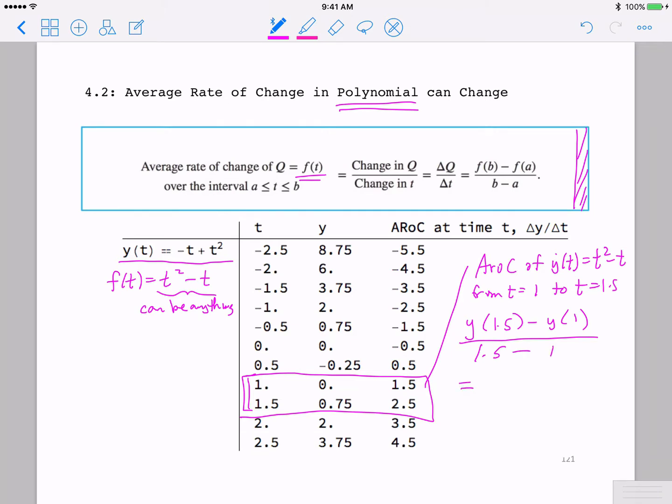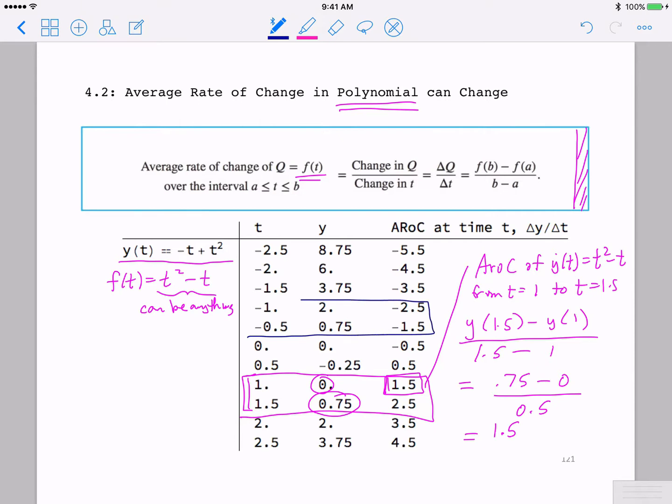Filling in the values from the table, the y value at 1.5 is 0.75, the y value at 1 is 0, and subtracting 1.5 and 1 is 0.5. That leads to your answer for the average rate of change on this particular interval of 1.5.